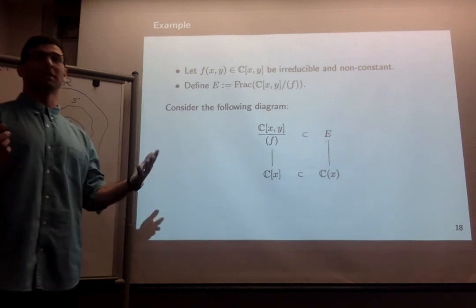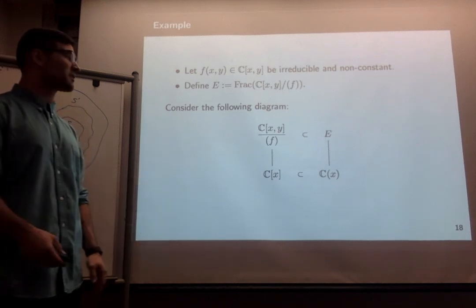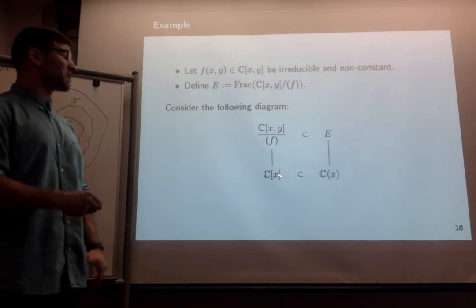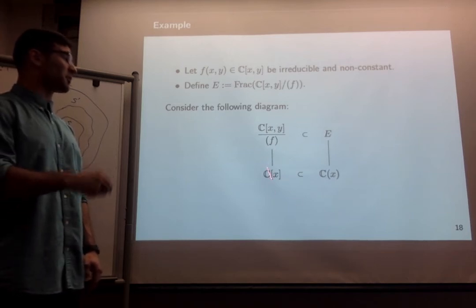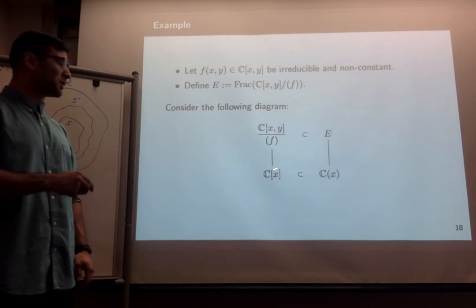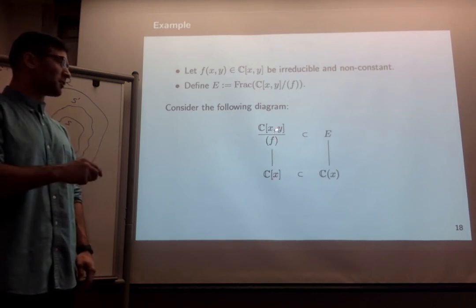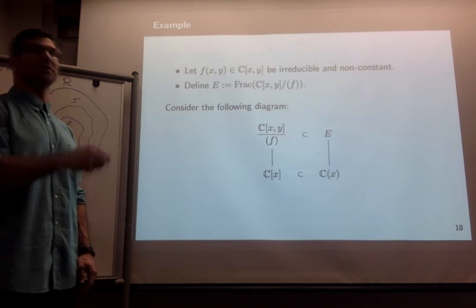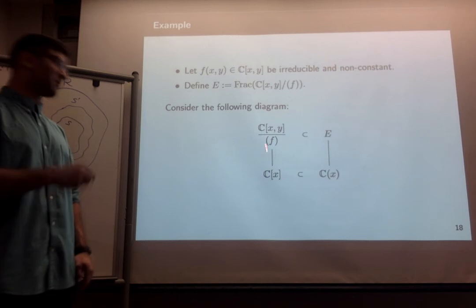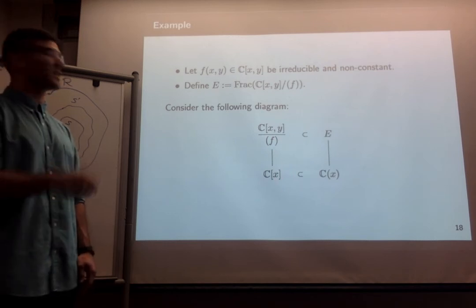For example, that it's not a linear polynomial in X. When F is not a linear polynomial in X, this naturally lives inside here through including the polynomial ring in one variable into the polynomial ring in two variables, and then quotienting out, and that composition is an injective map.